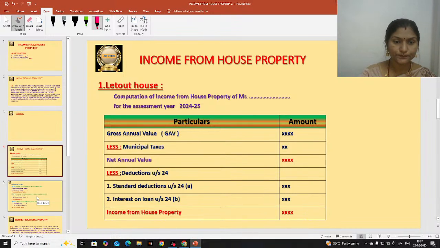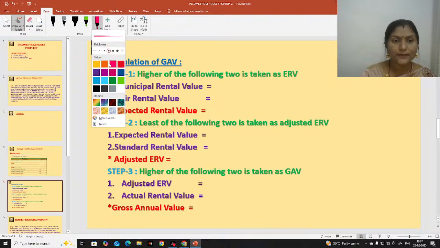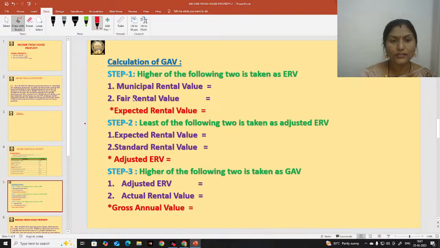Step 1, step 2 and step 3. Under these 3 steps we are going to calculate the gross annual value, and we will get the gross annual value at the last step.